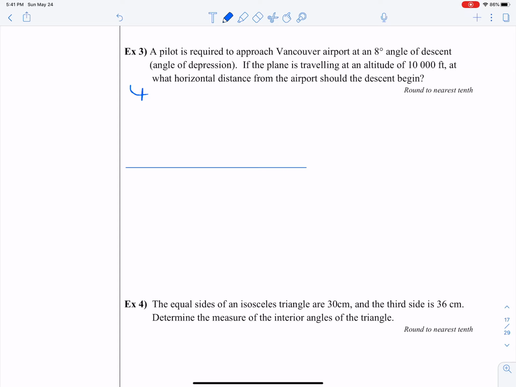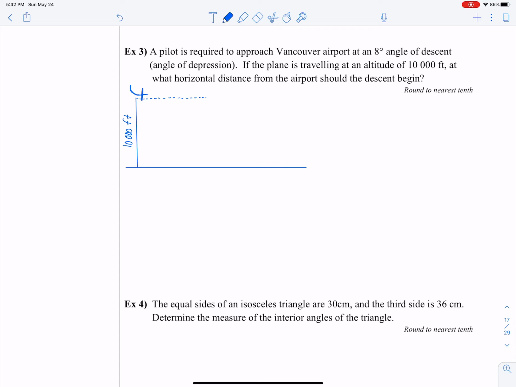So we know that this here, that's 10,000 feet. Okay, so now we need to draw a line of sight, a dotted line, and it's saying that it needs to approach Vancouver Airport at an 8-degree angle of descent or angle of depression.